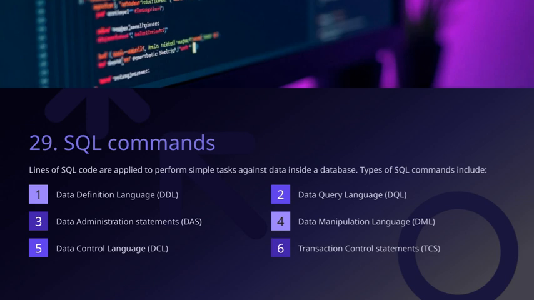These are used to define and modify the structure of database objects like tables, indexes, and schemas. Together, these categories of SQL commands form the toolkit that allows us to perform simple to complex tasks against data inside a database. They're central to interacting with and managing data effectively in any database system.